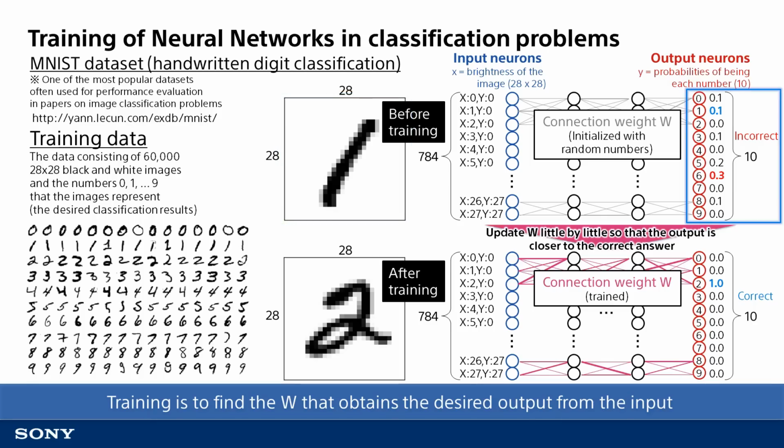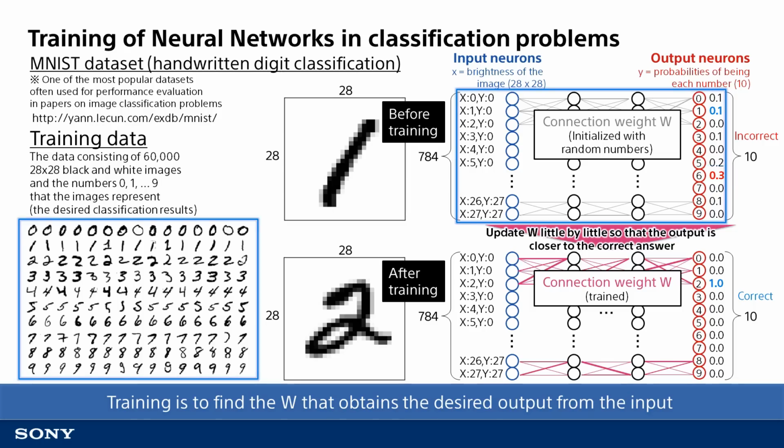Even if an incorrect result is output at this point, we conduct the process of updating the connection weight W that have been initialized with random numbers at first, so that the probability that it is the digit 1 approaches 1.0 and that the probability of the number being a digit other than 1, for example, the incorrect probability of 6, 0.3, approaches 0.